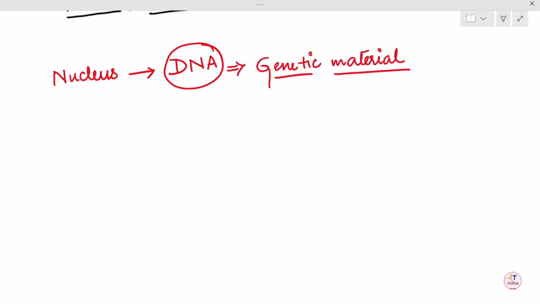DNA contains some genes, and those genes are responsible for encoding proteins, and those proteins give the unique identity of a particular cell. Suppose this is the DNA.